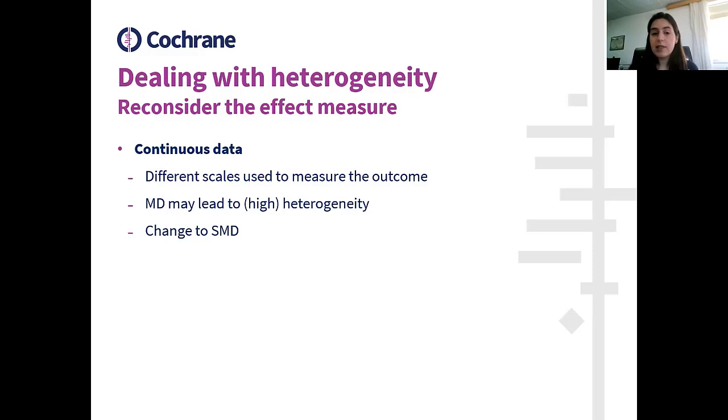In such cases, if we use the mean difference between the experimental and the control group, these mean differences may not be directly comparable across studies, as the studies may have used different scales and scoring methods. Using the mean difference as the effect measure may result in high between-study heterogeneity. A solution would be to change the effect size to the standardized mean difference and use this instead.